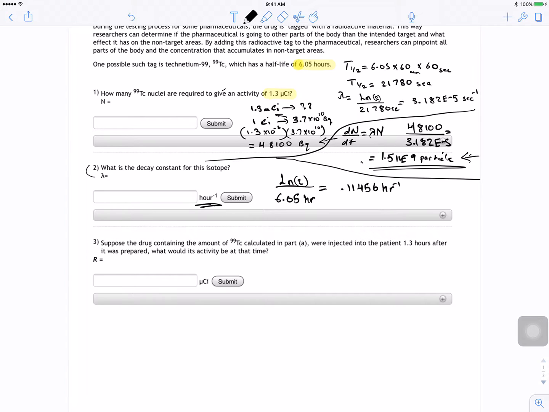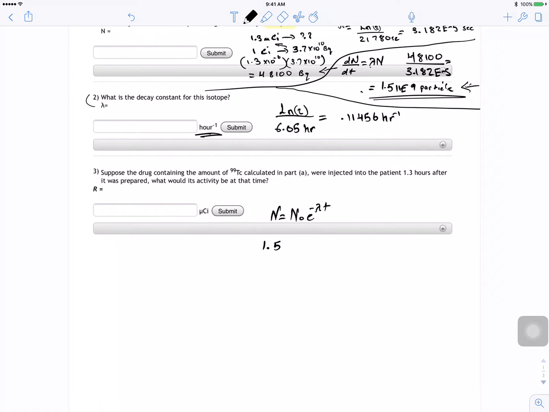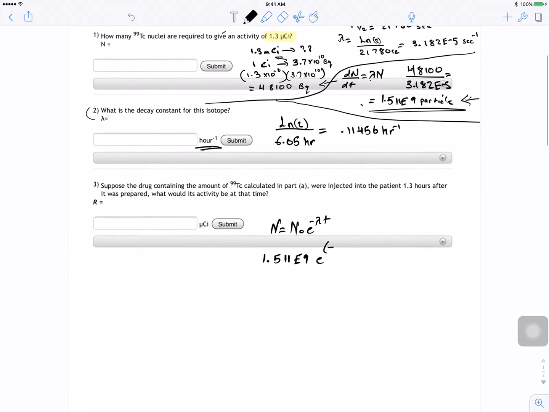So what we need to find is N after 1.3 hours. So we're going to use N equals N naught e to the negative decay constant times t. So the number of particles we have is 1.511 e to the 9, and then exponential minus.